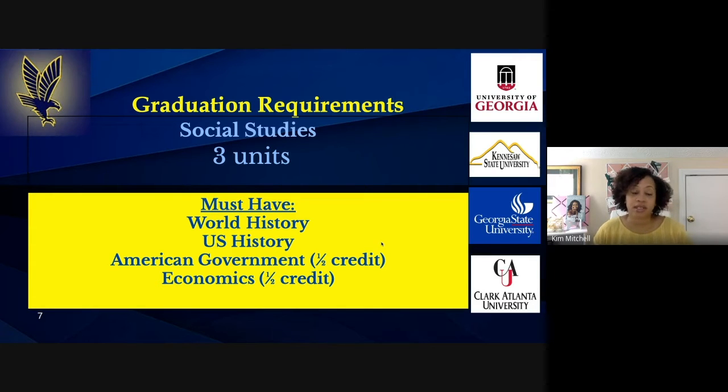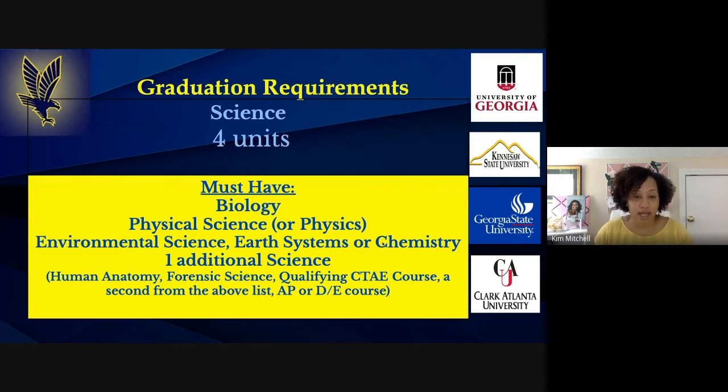They are social studies electives. So those will go into your electives column. Those are not 3 of the social studies that you have to have. You have to have world history, U.S. history, and Gov Econ.